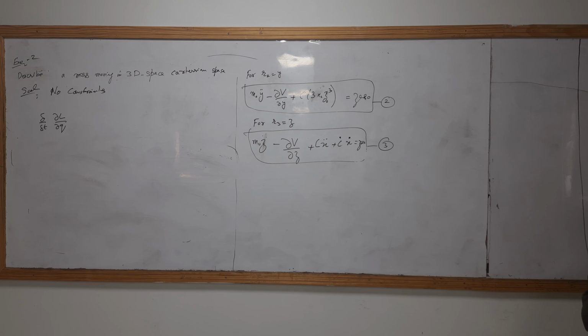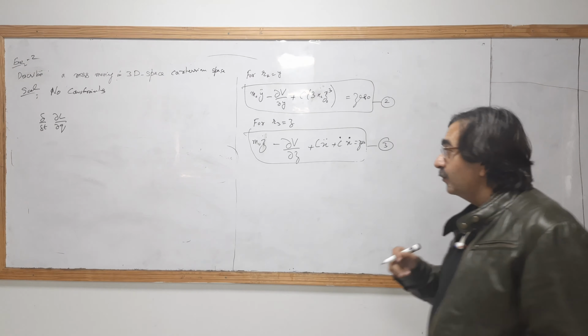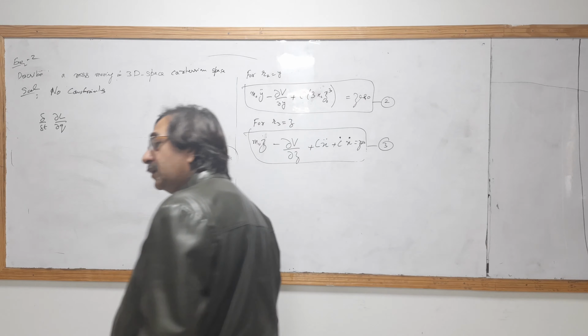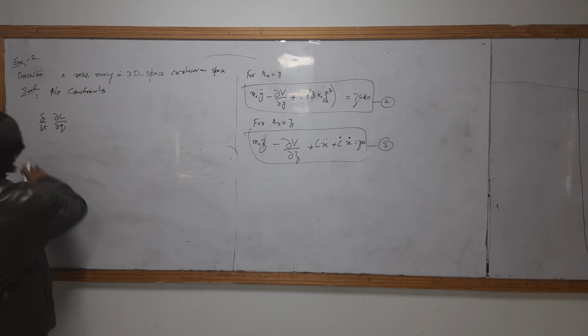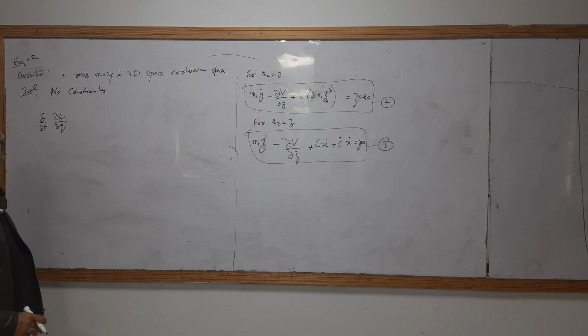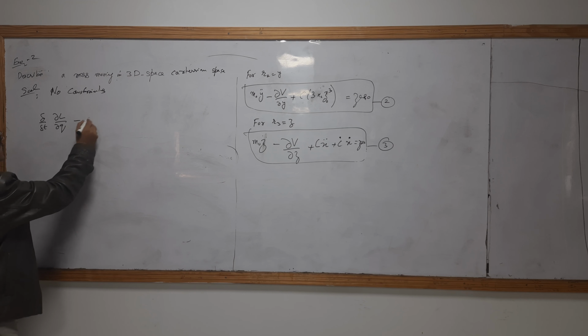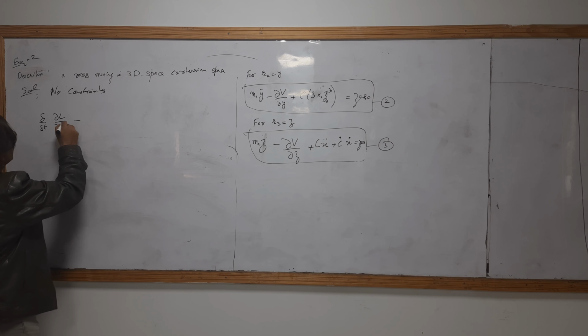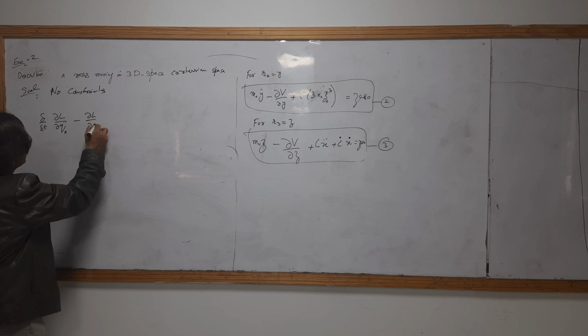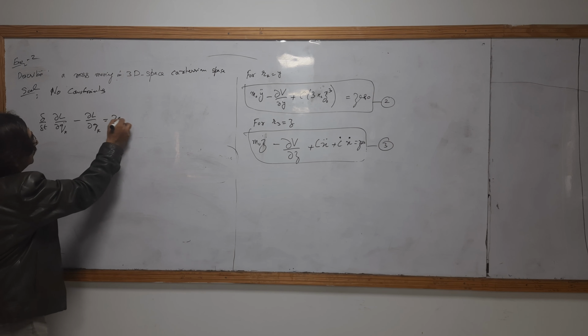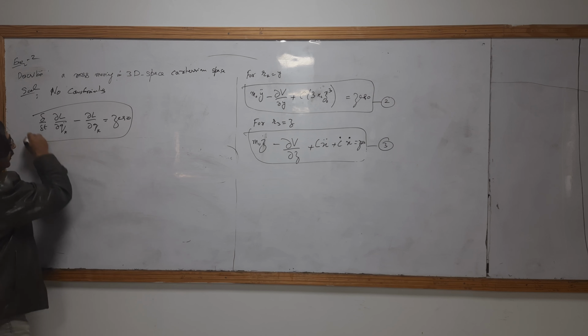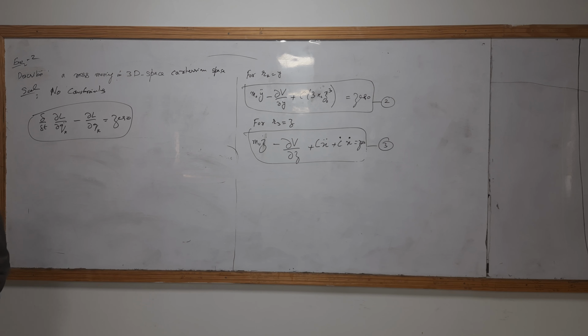If there is no constraint, then that will be equal to 0, because the Lagrangian multiplier method will be used. No constraint.